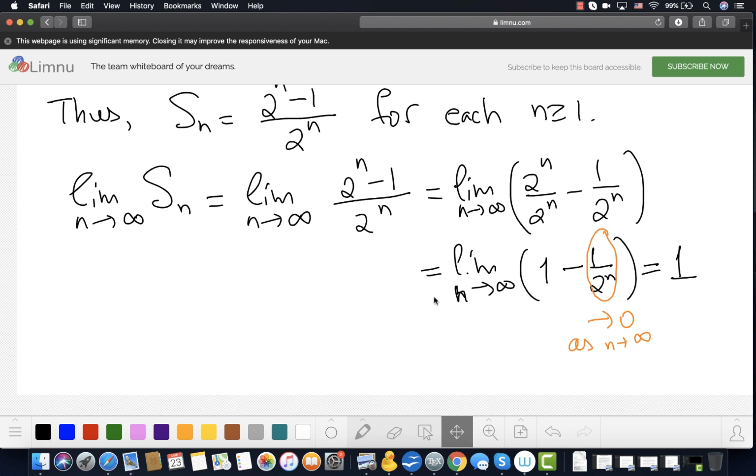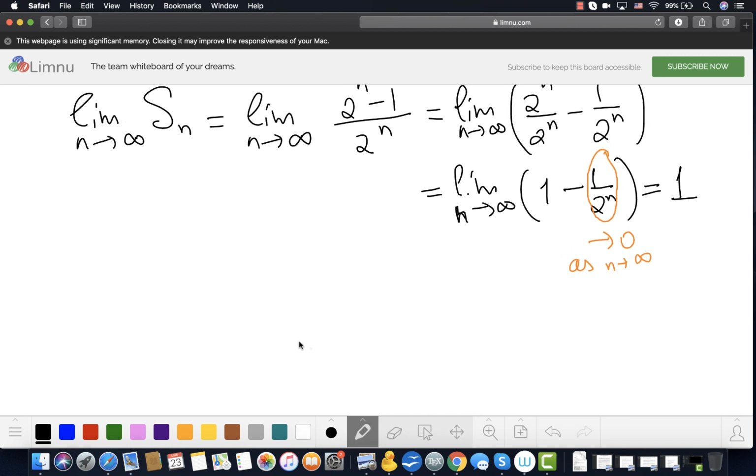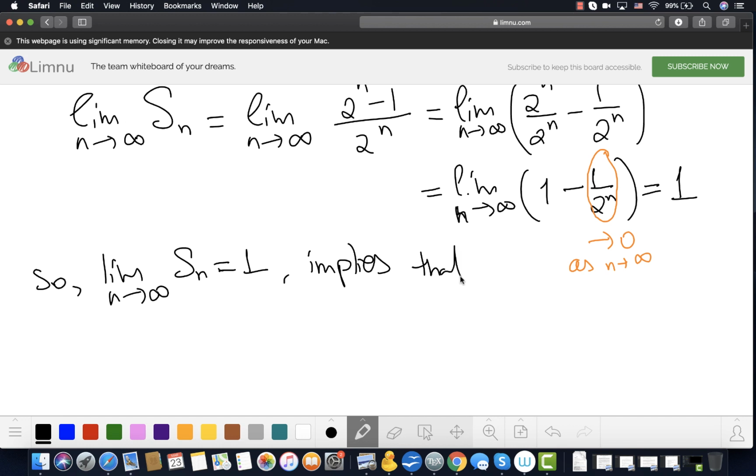So we just showed that the limit of the sequence of partial sums is 1, so the limit as n goes to infinity of Sn is 1. This implies that the sum we were interested in originally, i goes from 1 to infinity of 1/2 to the power of i, must converge, because remember, the definition of an infinite series converging means that the sequence of partial sums converges, meaning that they have a limit.